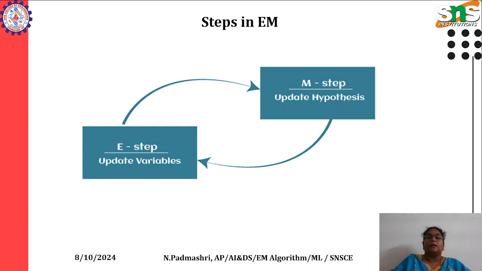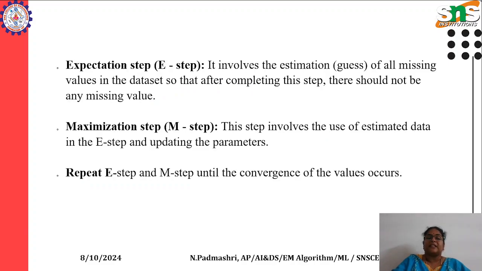Briefly, we'll discuss what the expectation step and the maximization step are. The expectation E step involves estimation of all missing values present in the dataset, so that after you complete this step there should not be any missing values. Why should you not have missing values in the dataset? Because, as we already said, a dataset should be pre-processed.